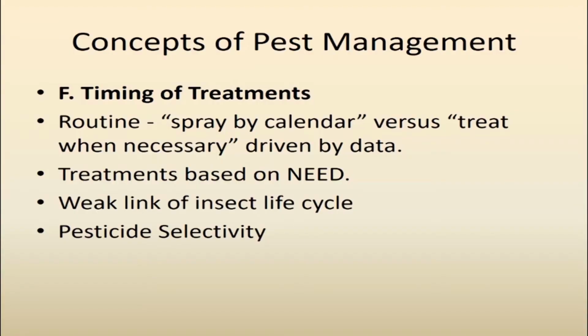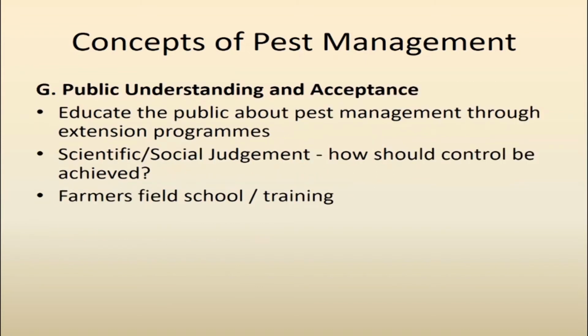So, the availability of the weak link of the insect and the management option should coincide, so that the insecticide or the biocontrol agent will have its desired effect in the field. And we should always see the pesticide selectivity. If you go for timely treatment, you can avoid damage to honeybees, and you can avoid damage to non-target insects which are responsible for pollination and other activities in the field.